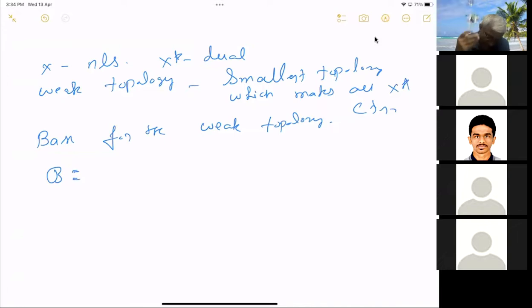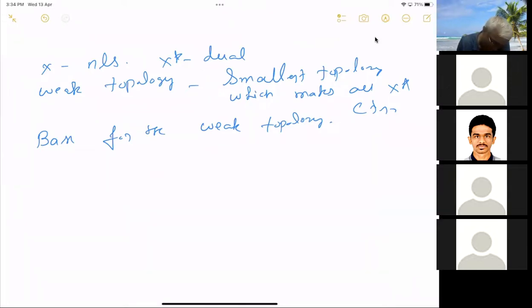Base means you have a collection of base sets whose arbitrary union will generate the topology. I don't remember exactly what is called base in topology, but this is how the topology is described.